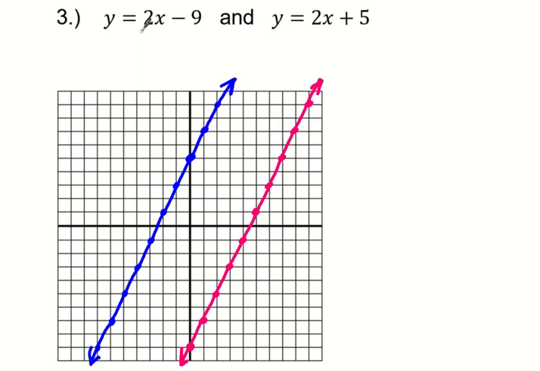So it means they're never, ever going to cross. They're always going to be the same distance apart because of that same slope. But again, they're never going to cross.